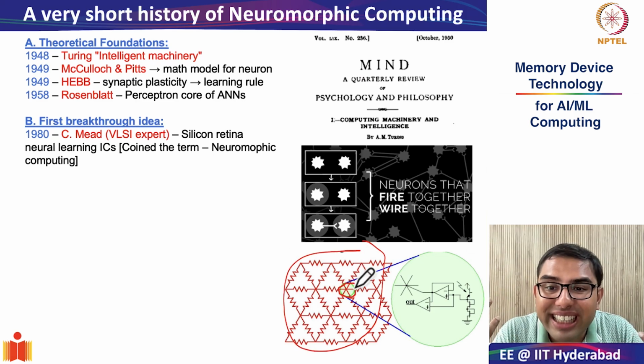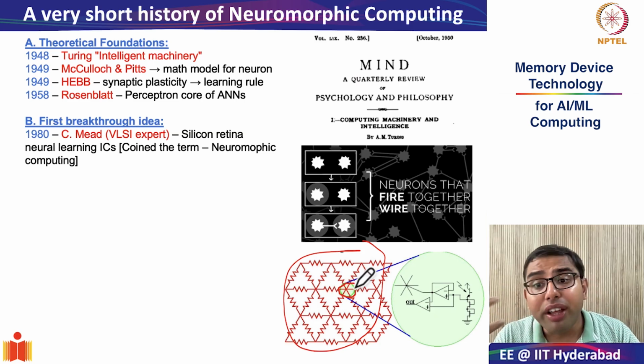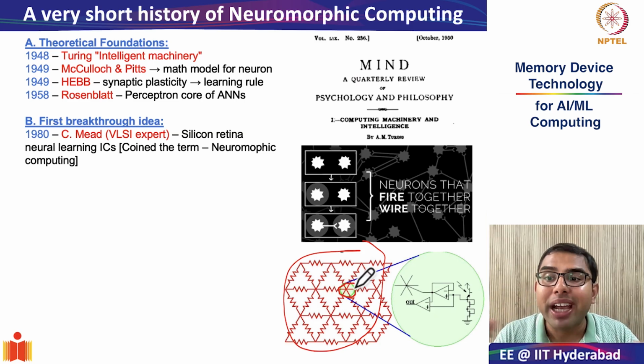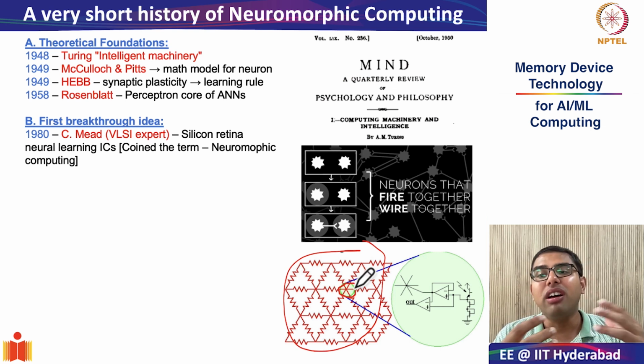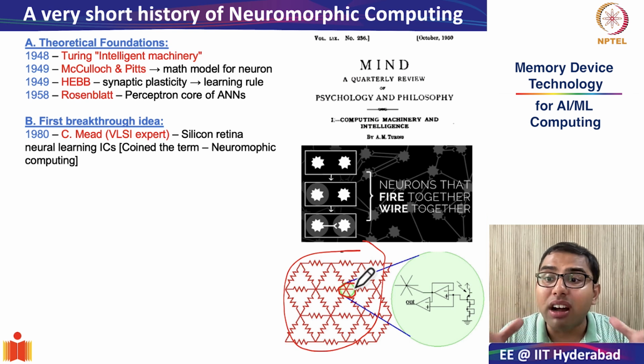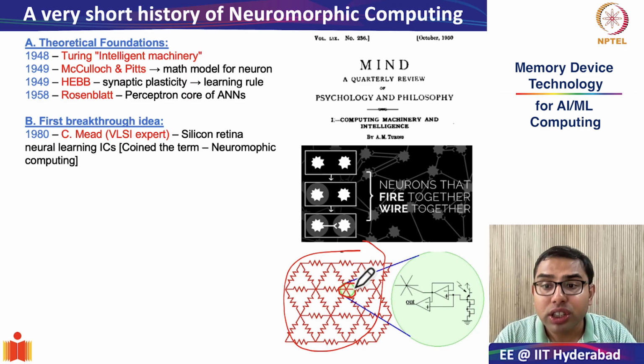And this was called the silicon retina, an artificial retina chip that mimicked how biological eyes process visual information at the sensor level by converting light into spikes, just like the real retina. So these early prototypes showed that hardware inspired by biology could achieve remarkable efficiency.